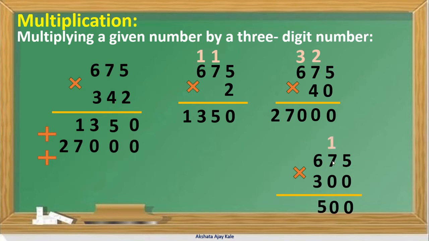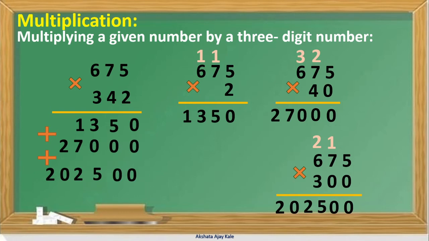Then 3 7s are 21 plus 1, that is 22. 2 is carried over. 6 3s are 18, or 3 6s are 18, same thing. 18 plus 2, that is 20. Now we got this much, so we will write it here.